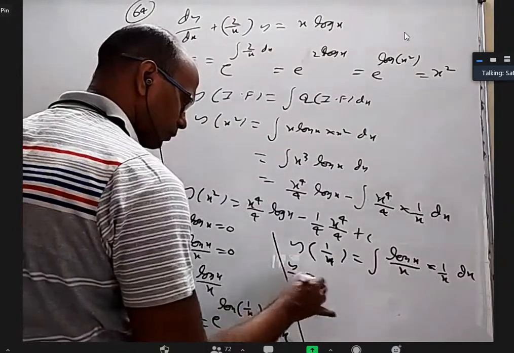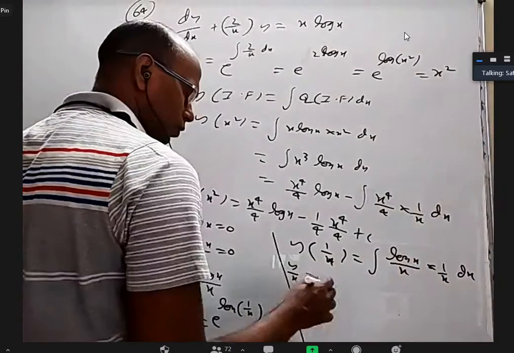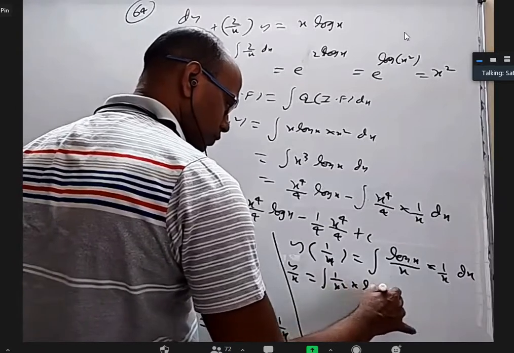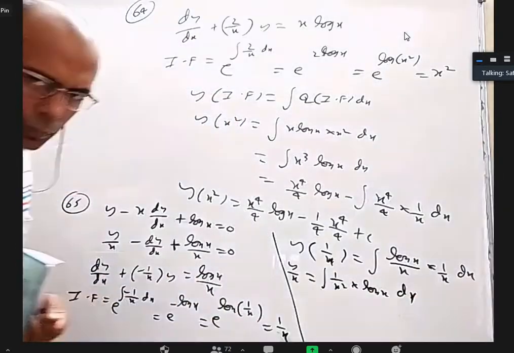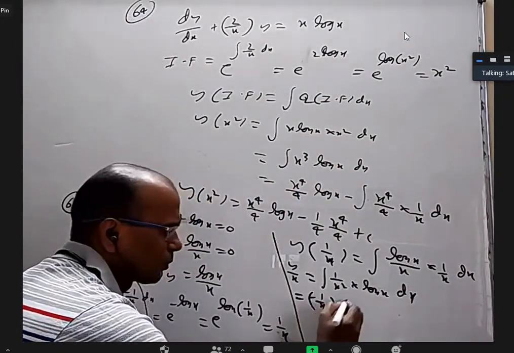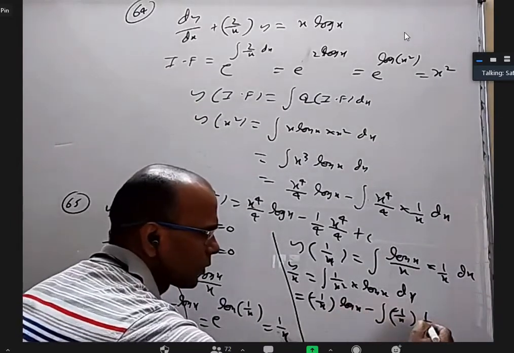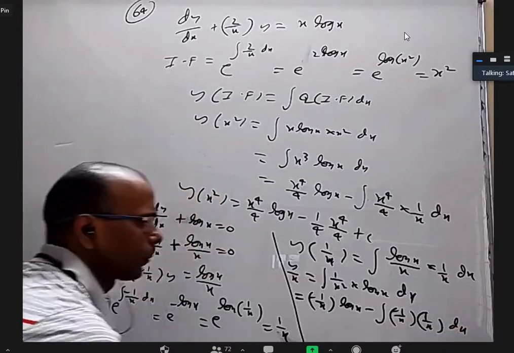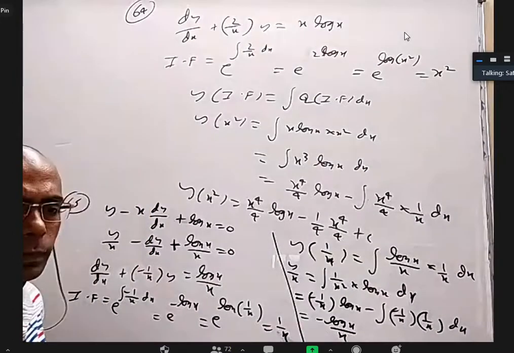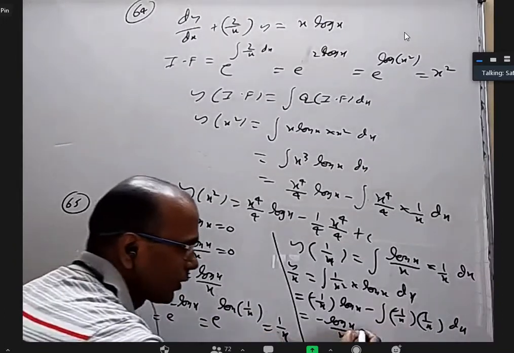Y by x. This one, how to integrate is you write 1 by x square into log x dx. Better to integrate this. 1 by x square integral is minus 1 by x into log x, minus, we continue, derivative of log x is 1 by x, by parts, which is minus log x by x, and plus 1 by x square integral is minus 1 by x again.